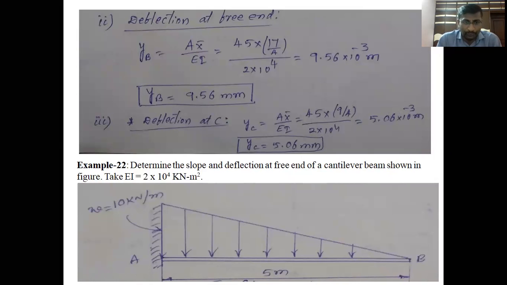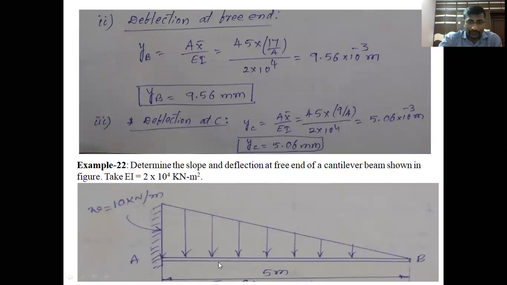Example 22. Determine the slope and deflection at the free end of the cantilever beam shown in the figure. Again, the EI value is 2 into 10 to the power of 4 kilonewton meter square. This is a cantilever beam having a span of 5 meters on which a UVL is acting.